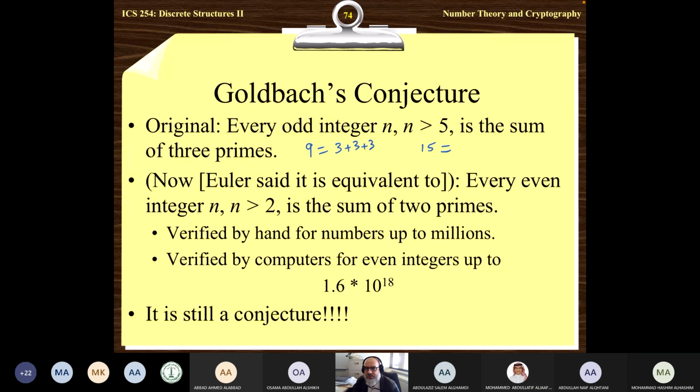What are the 3 prime numbers? 5 plus 5 plus 5. Why am I choosing easy ones? 5 plus 5 plus 5. Okay, how about 19?